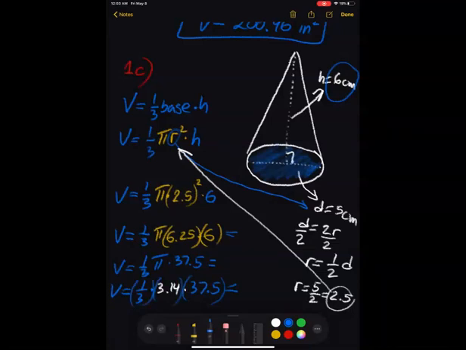So I'm going to do 3.14 times 37.5, and then divided by 3, which is times 1/3. So our answer is 39.25 centimeters cubed. That is our volume for this cone up here.